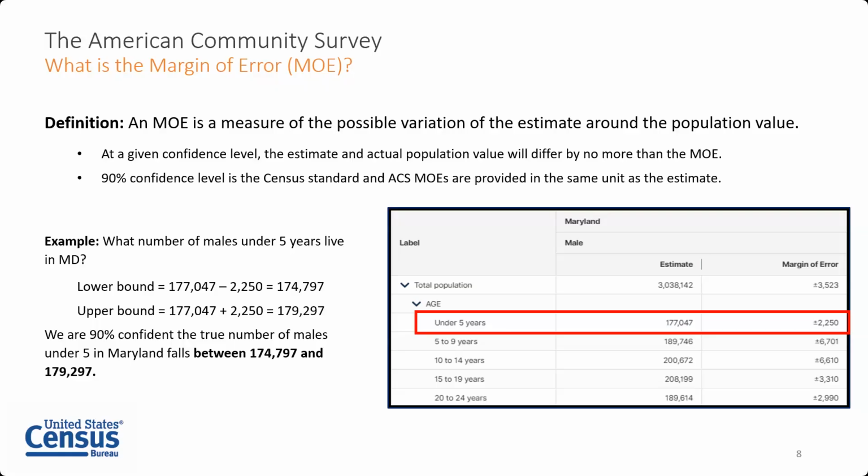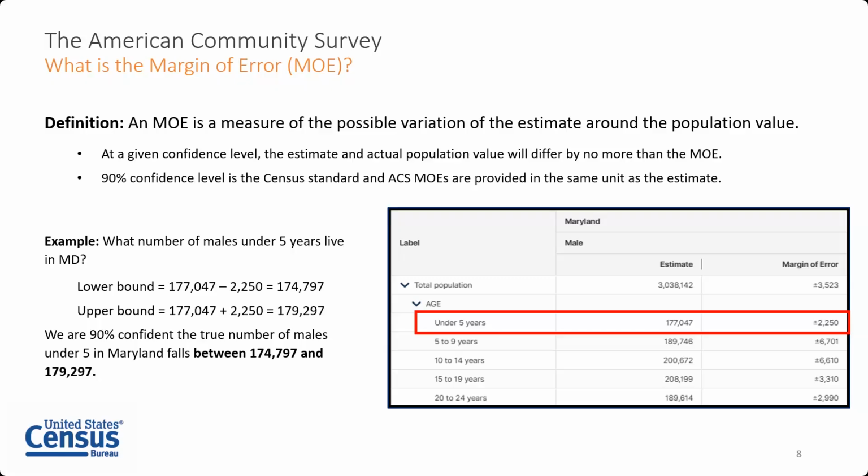Put simply, an MOE is a measure of the possible variation of the estimate around the population value. MOEs allow data users to be certain that at a given level of confidence, the estimate and the actual population value differ by no more than the value of the MOE. The Census Bureau uses a 90% confidence level as its standard. All ACS estimates published on data.census.gov have margins of error calculated at the 90% confidence level.